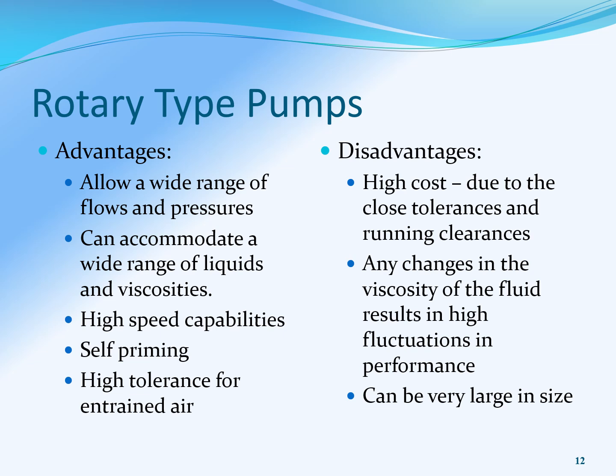They have a high tolerance for entrained air. So, like I said before, anyone who's ever worked with a diaphragm pump knows that the moment you get air inside of there, it's losing its suction and its pump. But there is a high cost associated with these, and they can be very large in size.